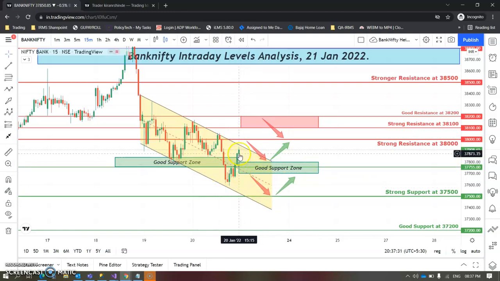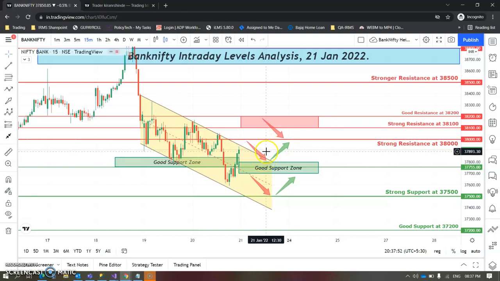And finally, if it gaps down below this particular level, 37,750, then we can see the market come down to these levels, 600 levels, where it may try to bounce back. But then what would happen?